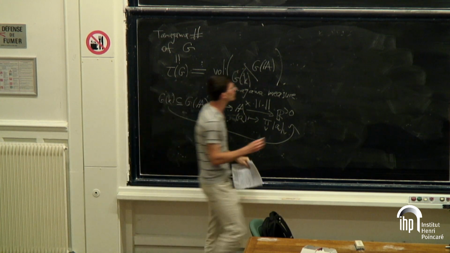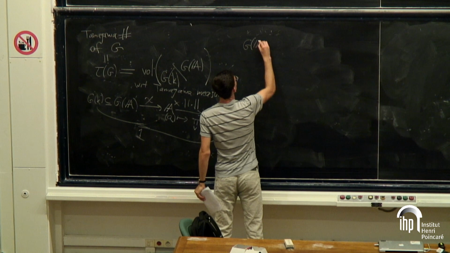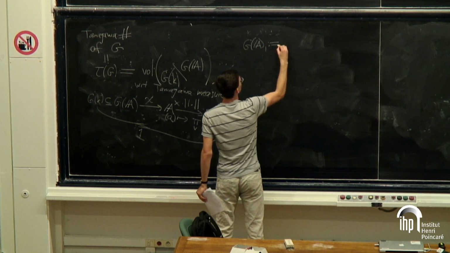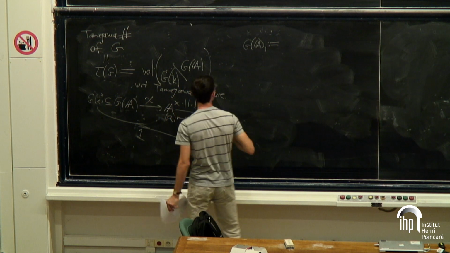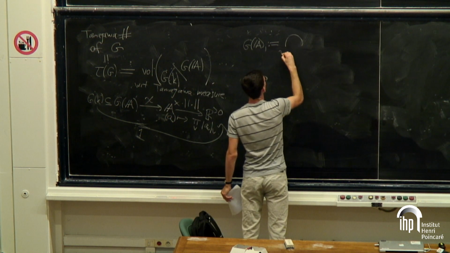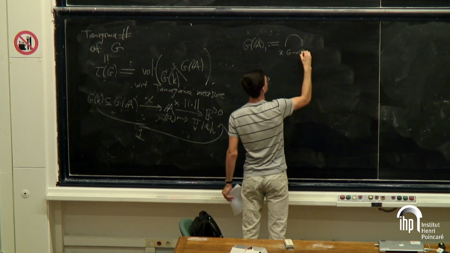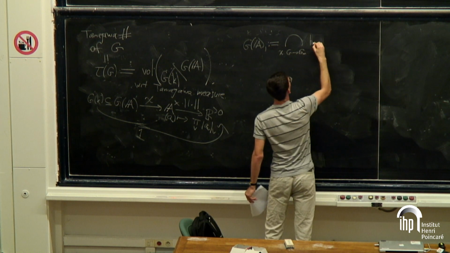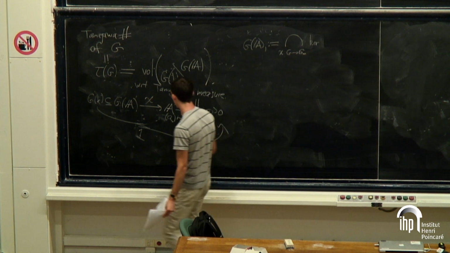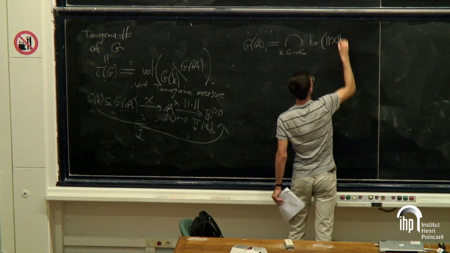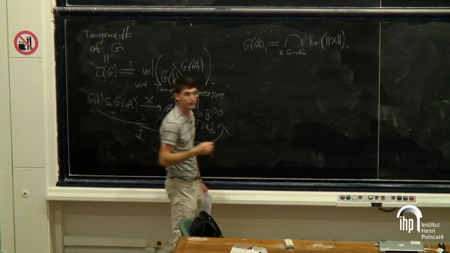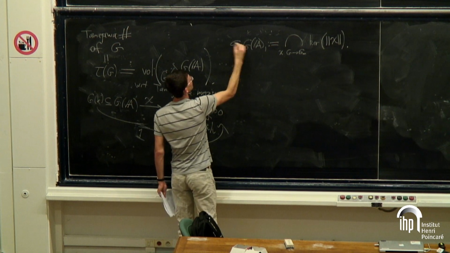So instead, you look at the norm 1 adelic points, which is defined to be the kernel of all these maps associated to a character chi. So the intersection over chi from G to Gm of the kernel of this map, which I'll call the absolute value of chi. That's just a definition, and it contains G of k by the product formula.